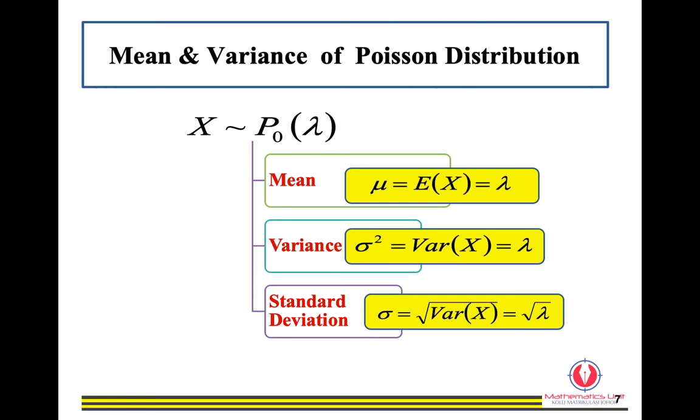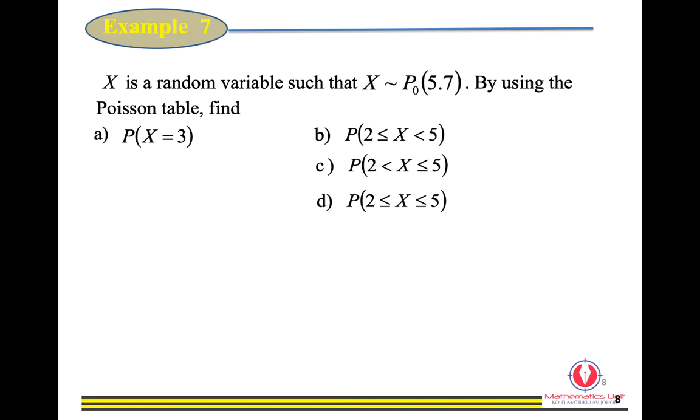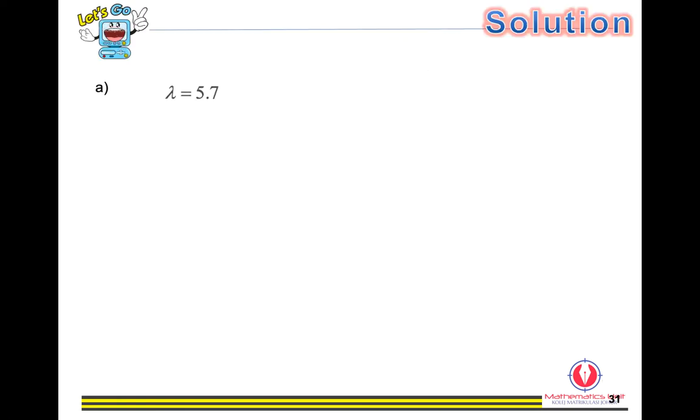Now let's look at two examples on how to solve problems by using the Poisson distribution. X is a random variable such that x follows a Poisson distribution with 5.7 as its average. By using the Poisson table, find P(x = 3). Now we know that the lambda is 5.7 since the average is 5.7.